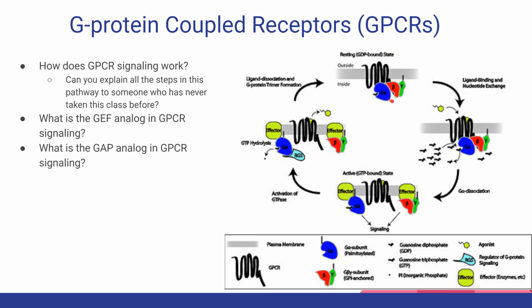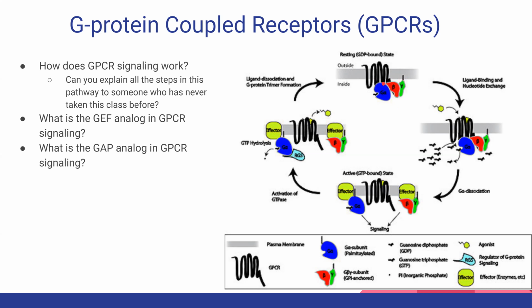So basically, 3 subunits that are different from each other: your G alpha, your G beta, and your G gamma. It's important to know, and you can kind of see it here, that the G gamma is attached to the membrane as well as the G alpha.